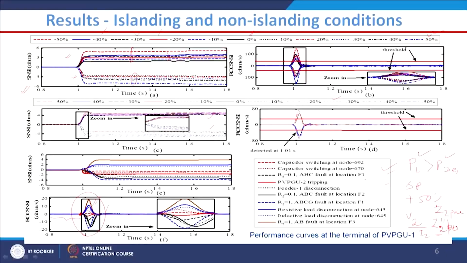Also we have tested this technique for different types of non-islanding events, like you could see here capacitor switching, and different types of faults like AG fault, BG fault, and feeder disconnection, and connection of loads, inductive loads, resistive loads. So, these are all non-islanding events. The islanding event is the disconnection of the microgrid from the main grid.